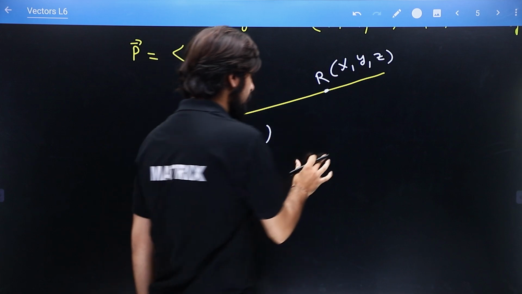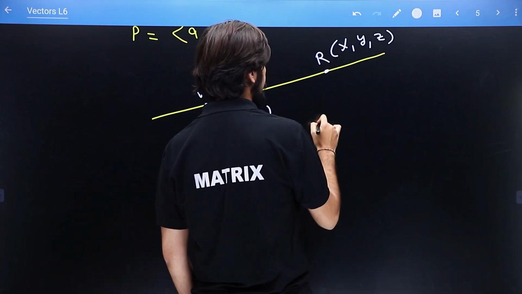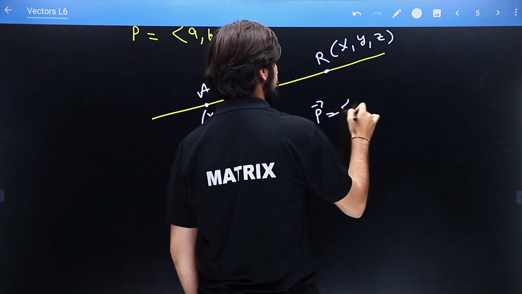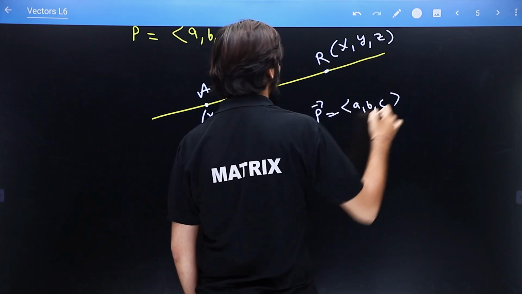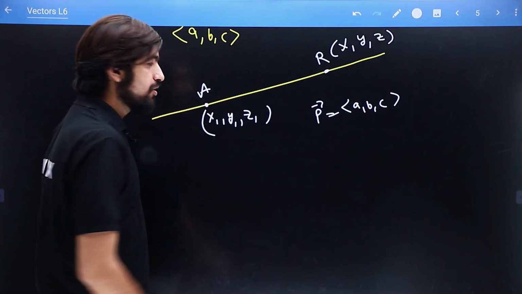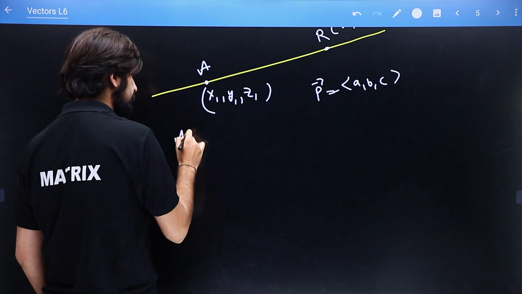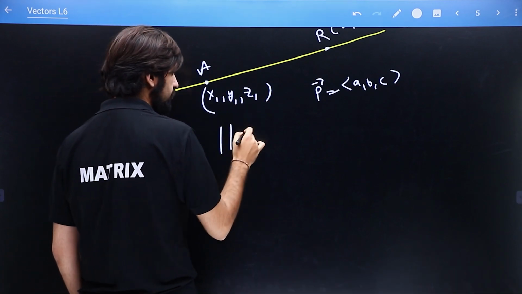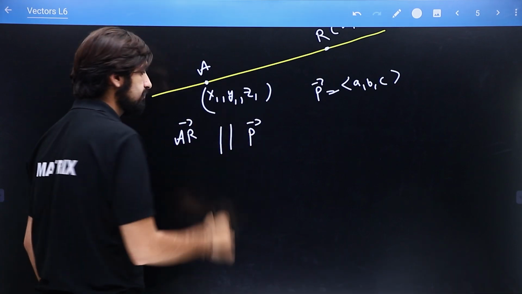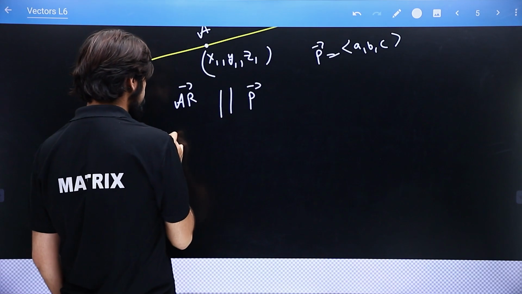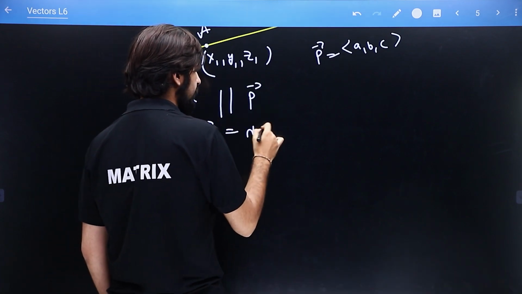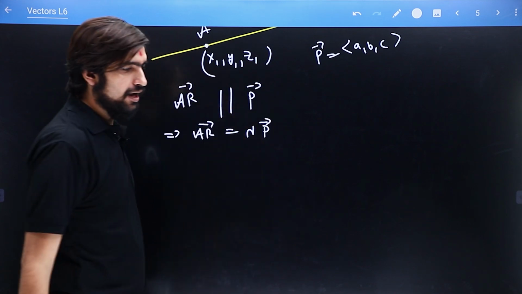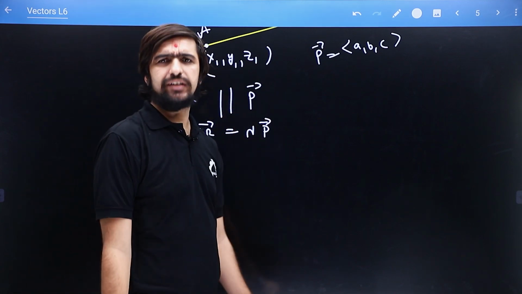We can write that there is a vector p, (A, B, C). The line is in the direction of this vector p. So we can write that vector AR is parallel to vector p. So you can write that vector AR is lambda times vector p. This is similar to what we have done in vector form.